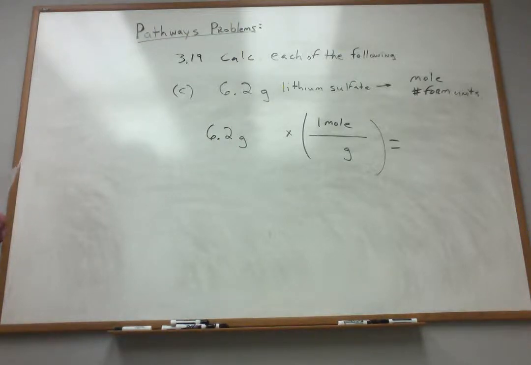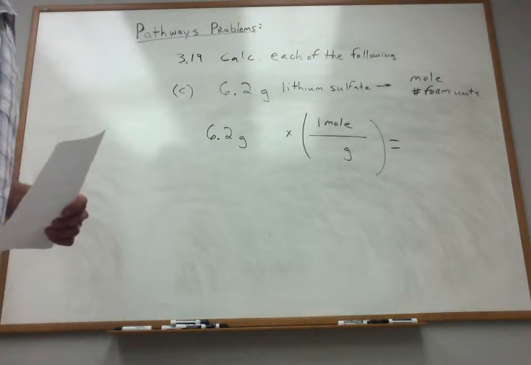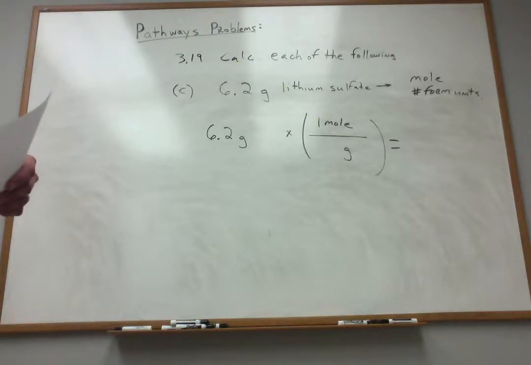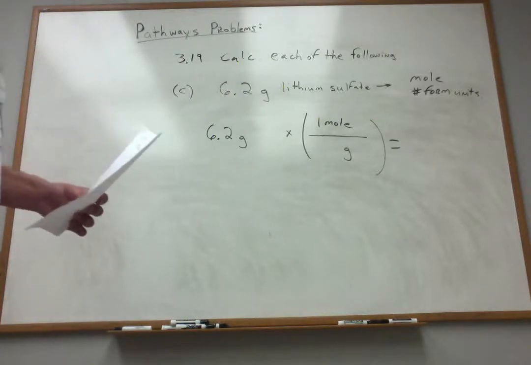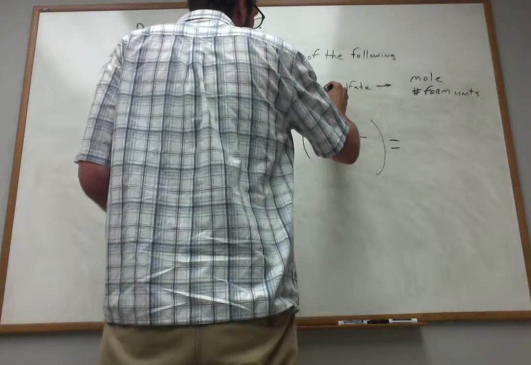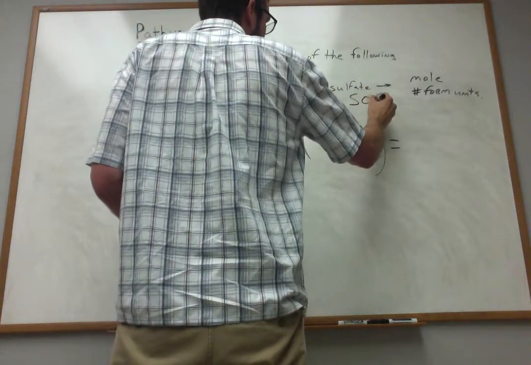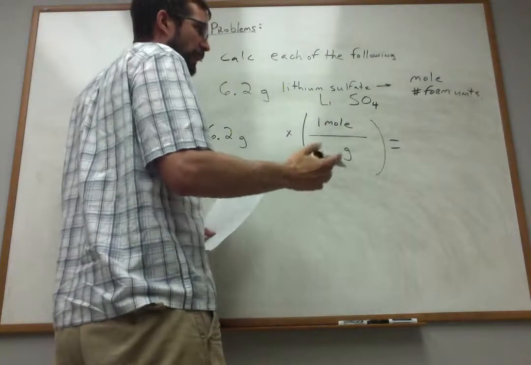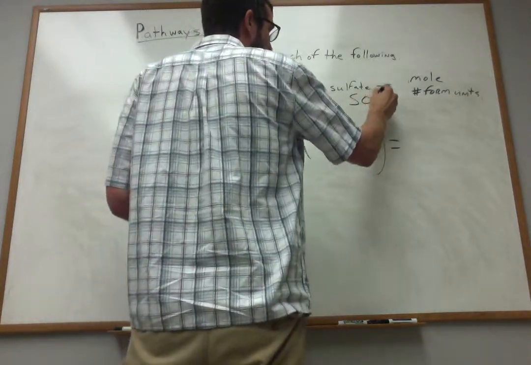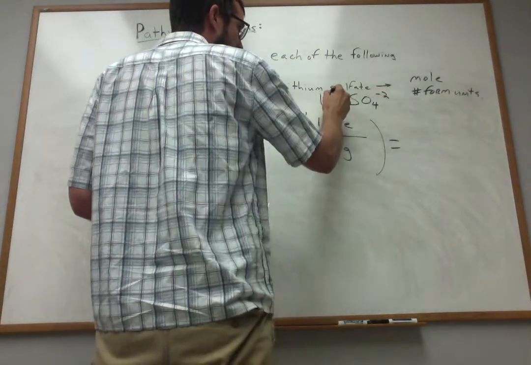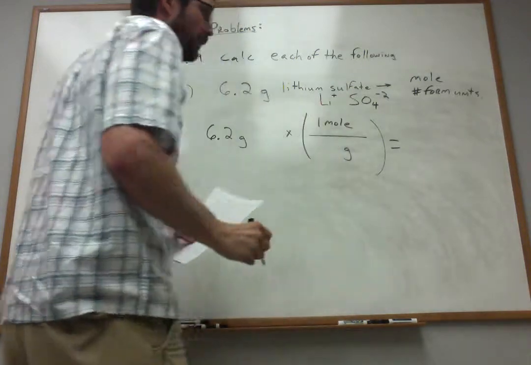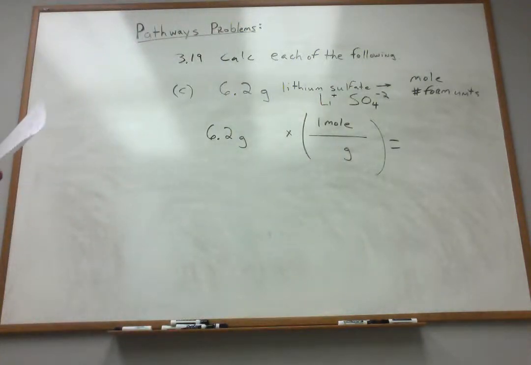Problem again, I need to know what that molar mass is. Okay? Now how in the world can I find the molar mass for this stuff? Well, I need to write the formula. Okay, lithium is Li, sulfate is SO4. What are the charges involved? Sulfate's -2. Lithium, one of those group 1 metals, so it's +1.